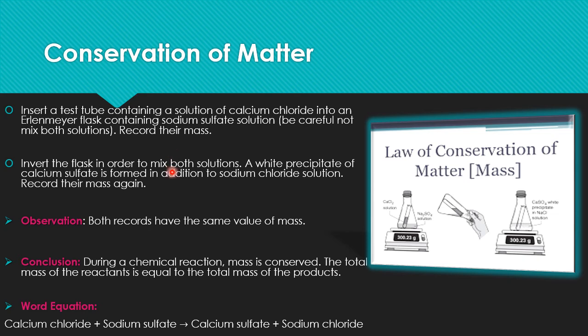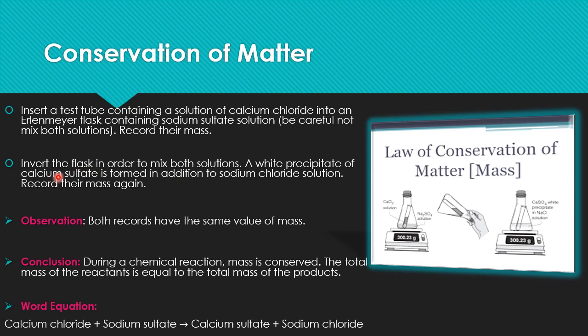In the second step, now you have to invert the flask in such a way that you mix both solutions, the solution in the test tube, which is calcium chloride, and the second solution in the flask, which is sodium sulfate. Upon mixing both solutions, you will observe the formation of a white precipitate, which indicates that a chemical reaction takes place.